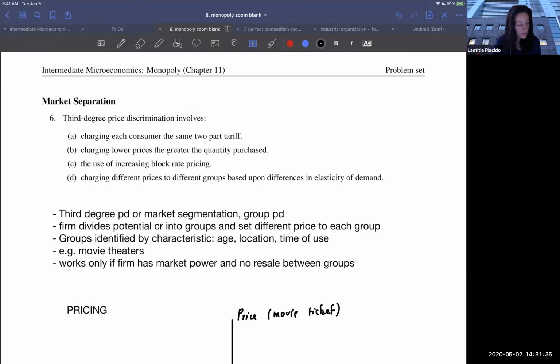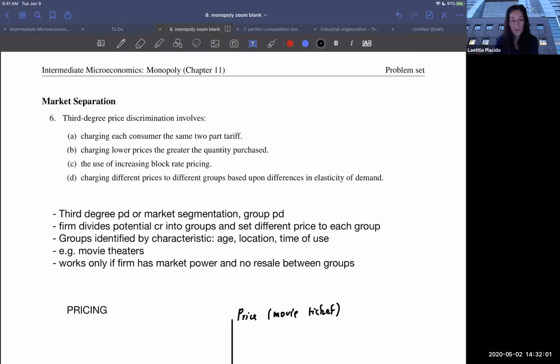And the idea of first degree price discrimination was to charge each consumer his willingness to pay for the good. Okay, so by doing so, the monopolist was able to capture the entire consumer surplus and then to maximize its profit even further than when it charged a single price.